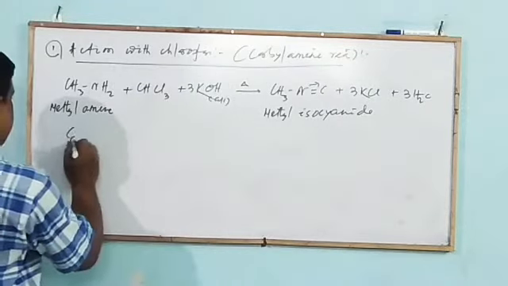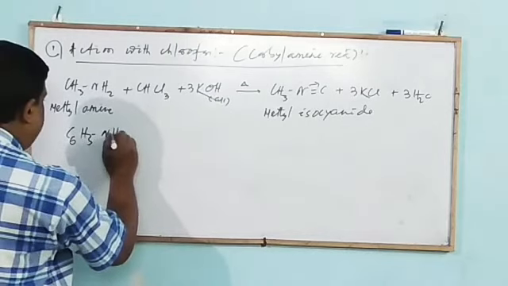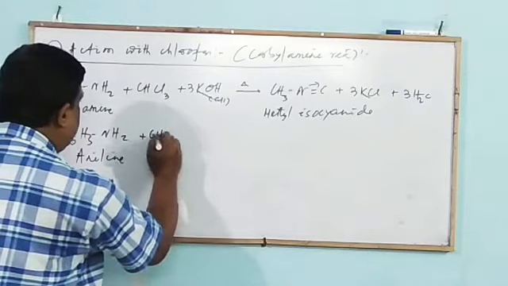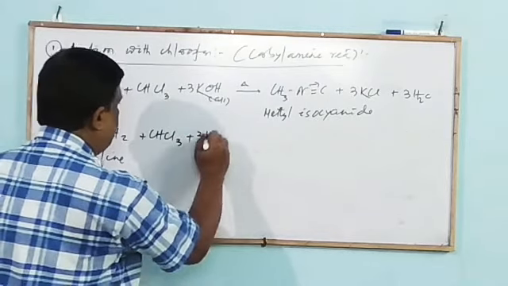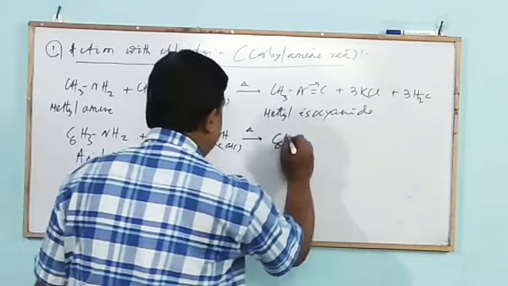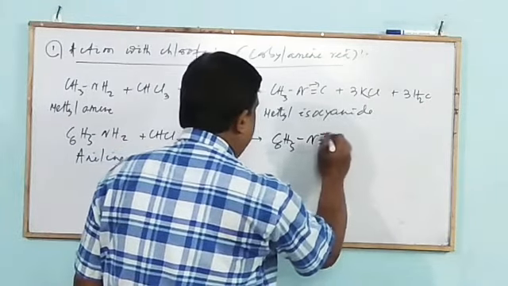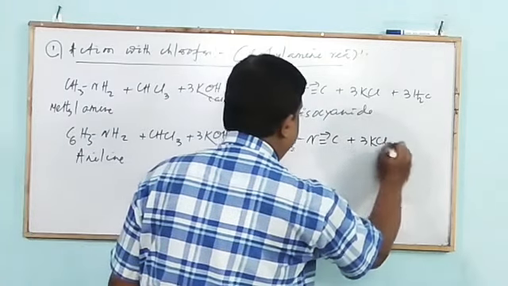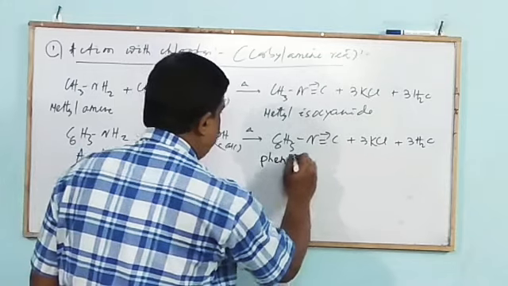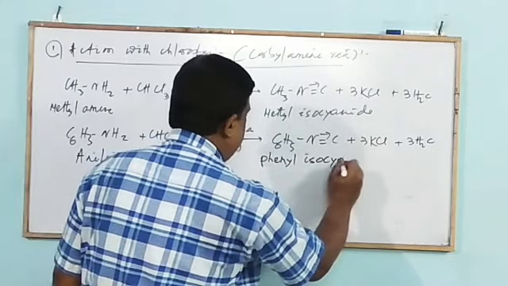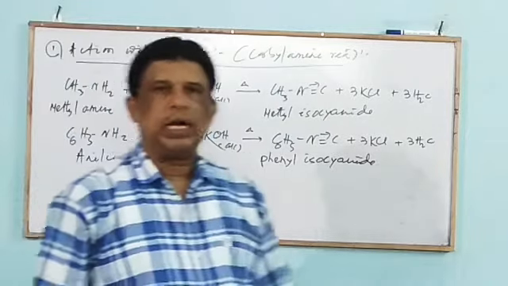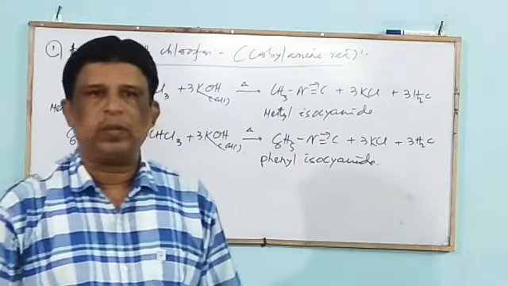Similarly, if we select aniline or phenylamine heated with chloroform in the presence of alcoholic potash, phenyl isocyanide or phenyl carbylamine is formed, which is a very unpleasant smelling compound.